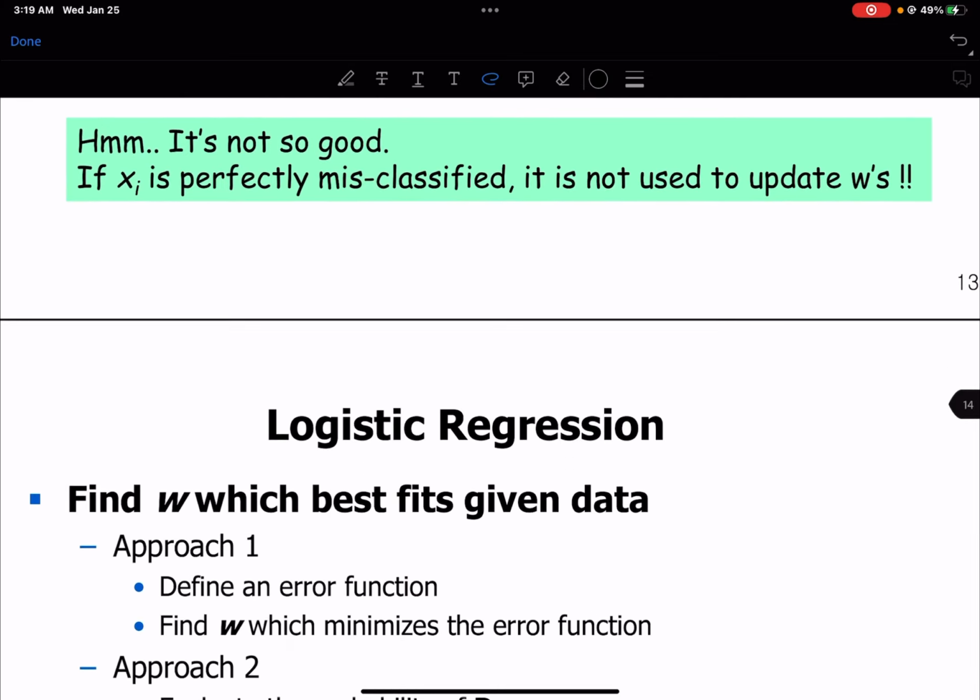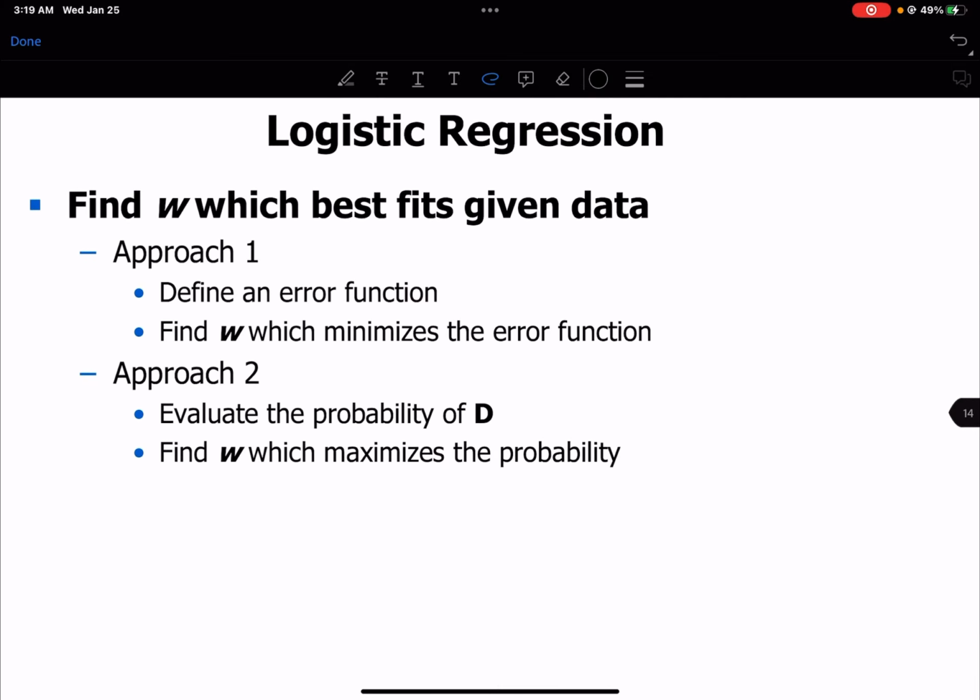So how can we solve this? We find w which best fits the given data using two approaches. We first define an error and then find the w which minimizes the error function. The other one is to evaluate the probability of your data and then find w which maximizes the probability.